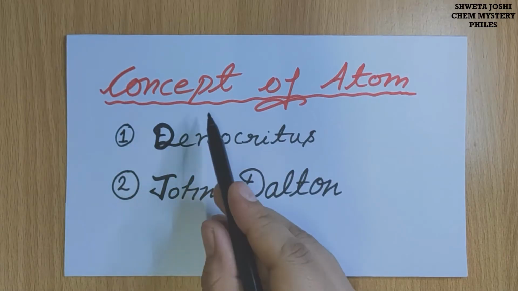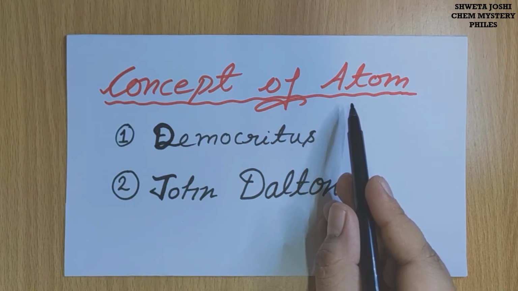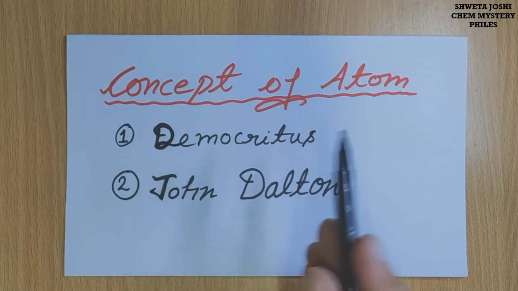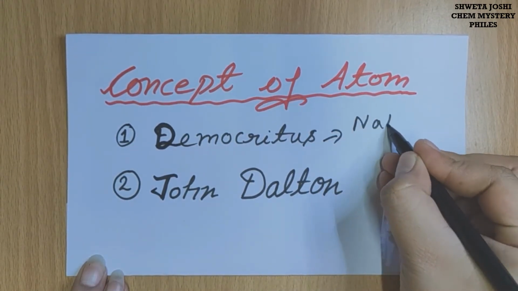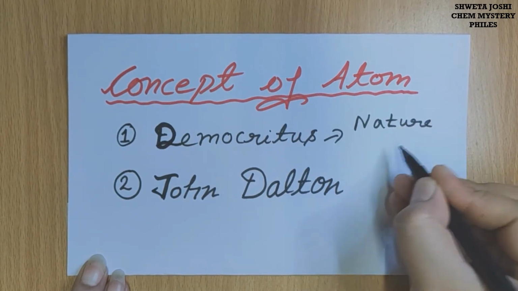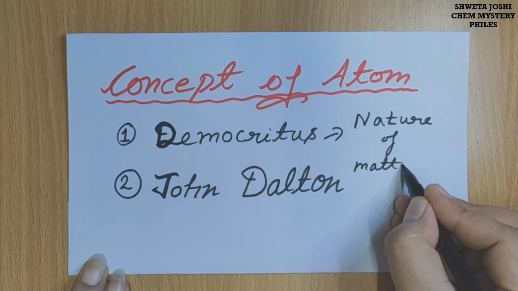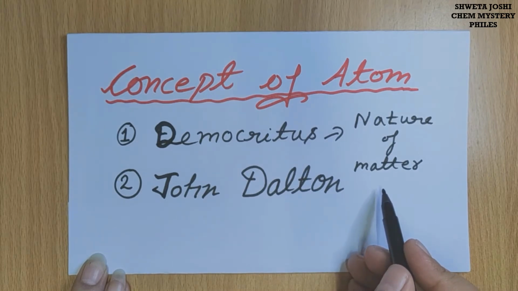Now covering concept of atom. The concept of atom originated from the ancient Greek philosophers. Democritus, who was an ancient Greek philosopher, studied the nature of matter and the basic constituents of all the substances.